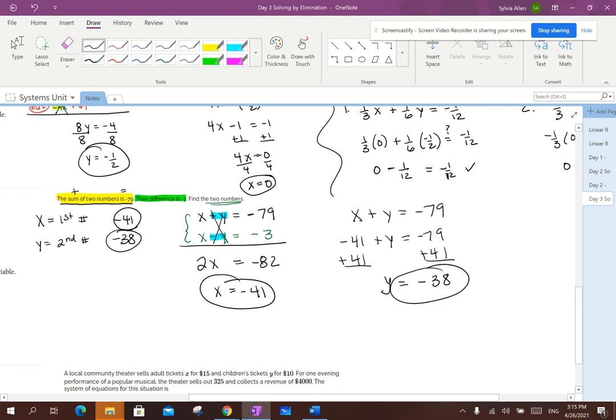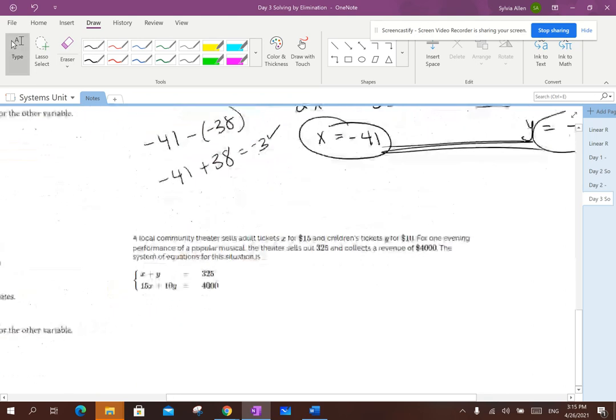If I were to add these quickly to check, I do get negative 79. If I subtract them, negative 41 minus negative 38 gives me negative 41 plus 38, which means they're different signs, and that gives me a difference of negative 3. So I know I'm right. So these are the two numbers.